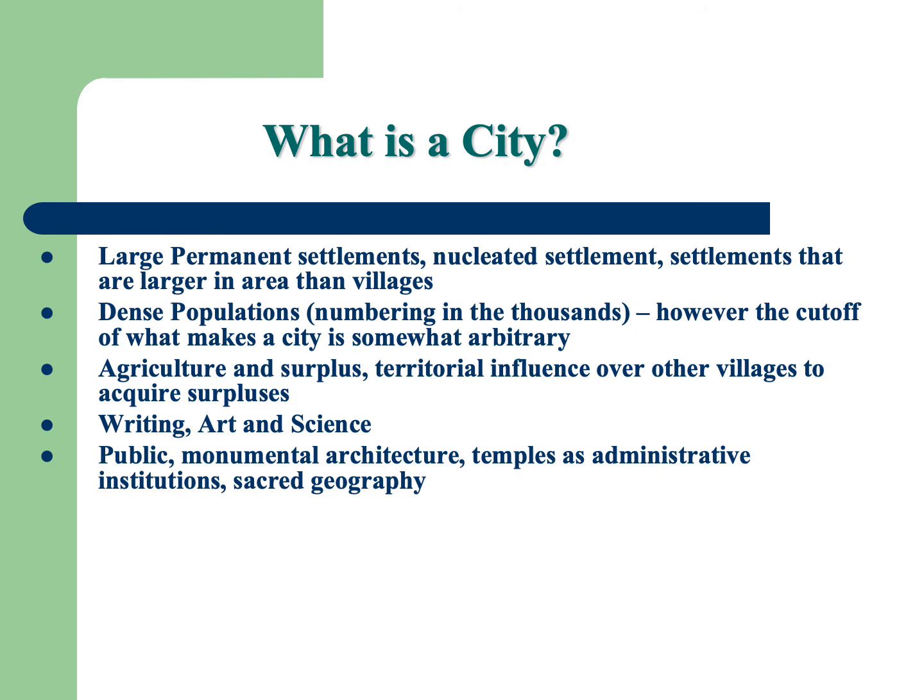You see public monumental architecture, temples as administrative institutions, the emergence of sacred geography, right? These places where these temples are located, where these pyramids are built, where history for a people and a belief system have occurred, begins to map itself very specifically onto the geography in ways that become inherently integrated into the political system and the economic system and the belief system.